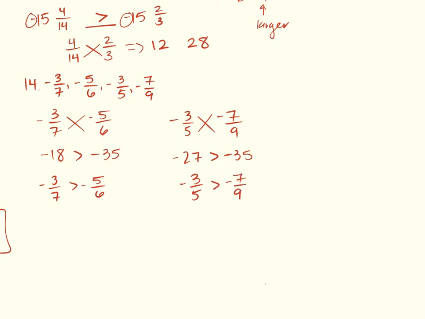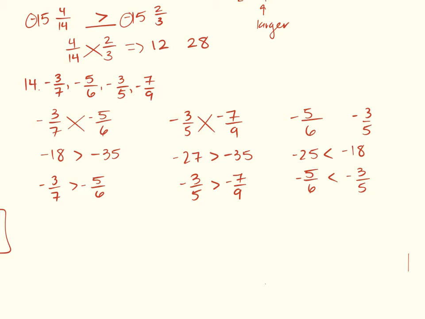Now let's compare the middle two fractions, -5/6 and -3/5. We get -25 and -18. -18 is greater than -25, so -5/6 is less than -3/5. So far, -5/6 has been smaller than -3/7 and -3/5.